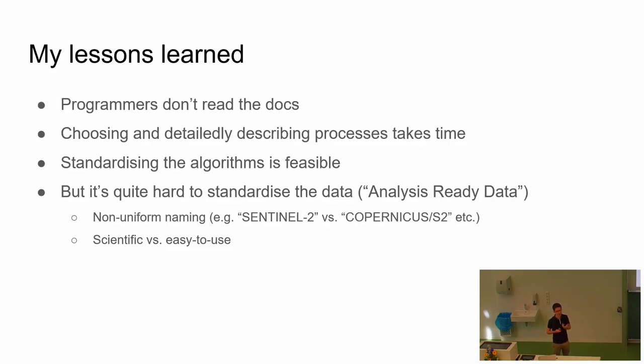And if you're a more scientific user, you may want to have more control over that. So this idea of taking the same process graph and running it somewhere else not only depends on the things that are about the processes, but also about the data that is in the actual backends, and that's the issue that is a bit harder to tackle.